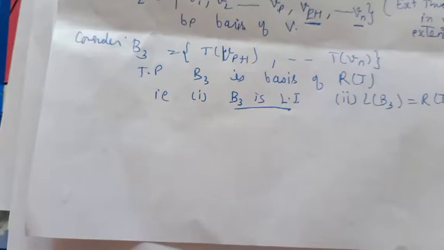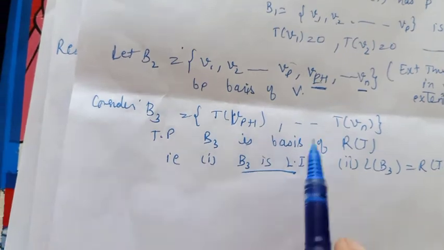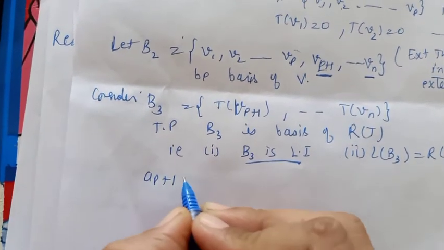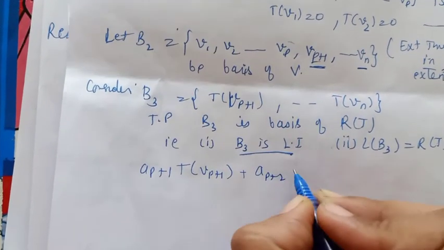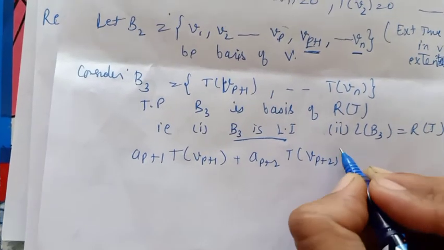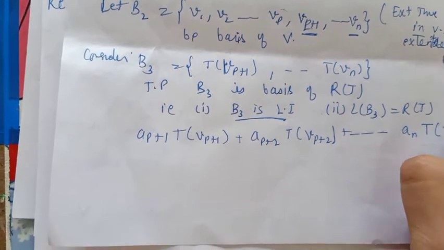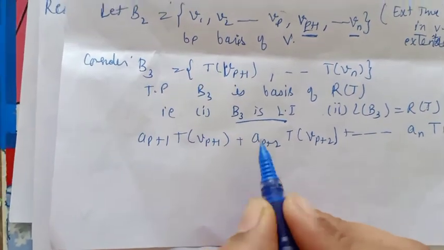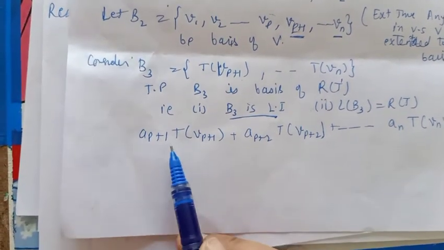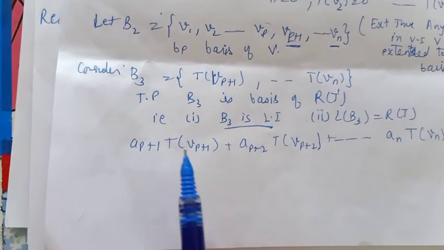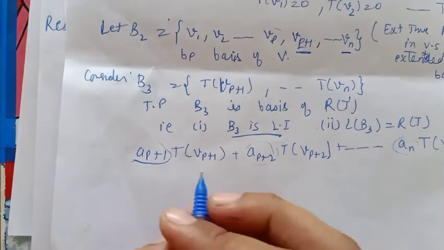Now first of all, to prove B3 is linearly independent, let us consider a linear combination of these elements. Let me write a(p+1) T(v(p+1)) plus a(p+2) T(v(p+2)), and so on up to an T(vn), is equal to 0. This is a linear combination of the elements of B3. In order to prove this to be linearly independent, we will prove that all these coefficients, all these scalars, are 0.